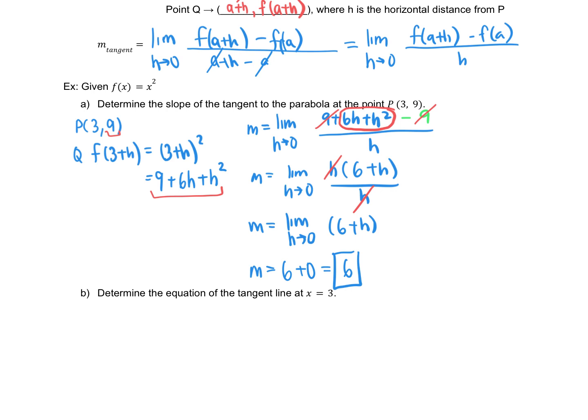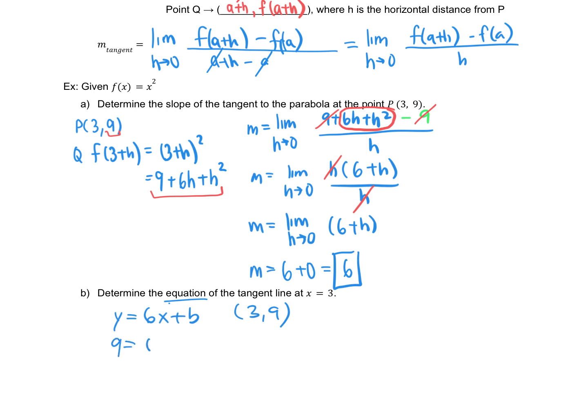And now that we have the slope of the tangent line, we have no problem finding the equation of the tangent line, because that's just y equals mx plus b. y equals, our slope is 6, so 6x plus b. And we know the point (3, 9) exists on this tangent line because the tangent line is passing through this specific point on the parabola.